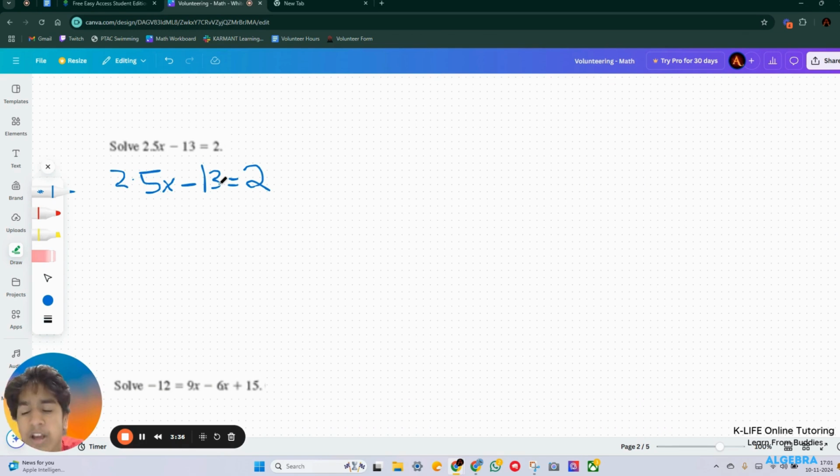Remember last class, we did something like 5x plus 4 equals 29. That's just an example, we didn't do that exact problem. You do minus 4 because you want to get rid of the 4 and isolate the variable, and you do that on the other side too.